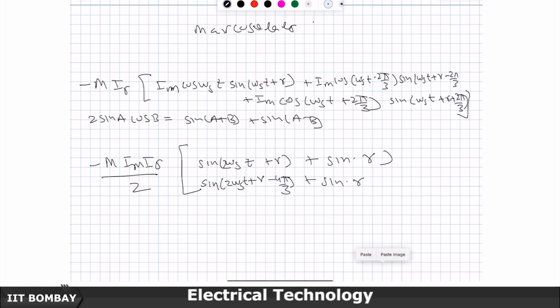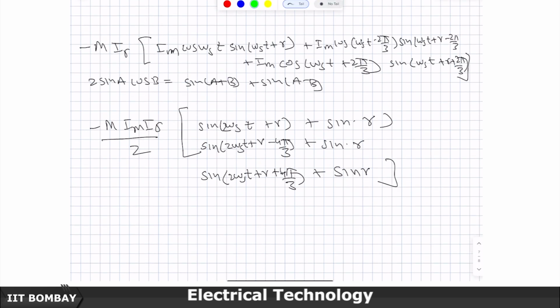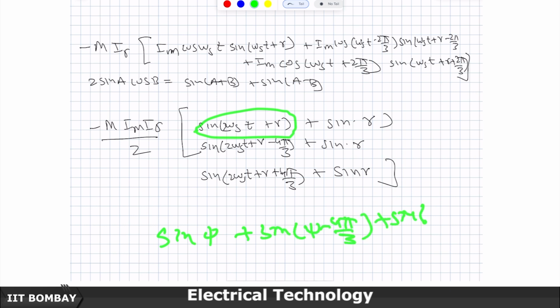Similarly, the third term will be 2 omega s t plus gamma plus 4 pi by 3, plus sin of gamma. Now, you know that these 3 terms add to 0. Call 2 omega s t plus gamma some psi. Then the next term is sin of psi minus 4 pi by 3, and the third term is sin of psi plus 4 pi by 3.